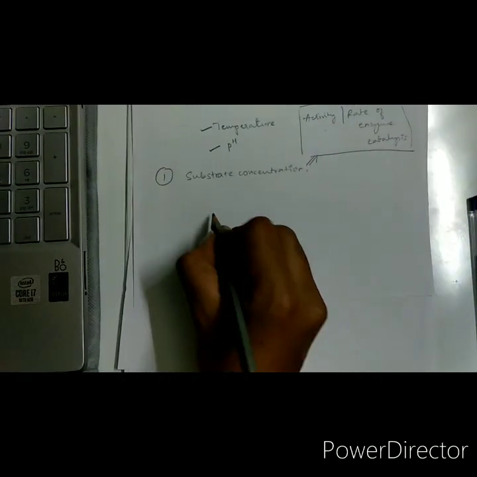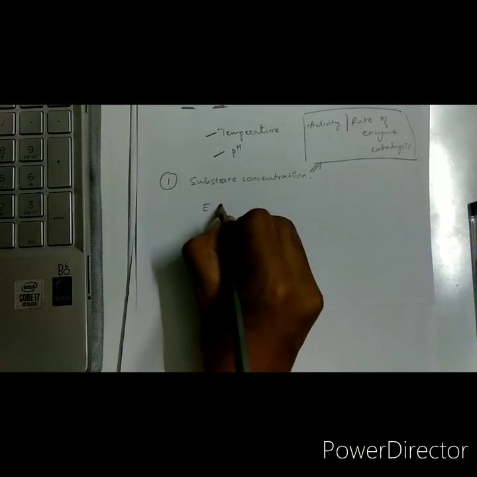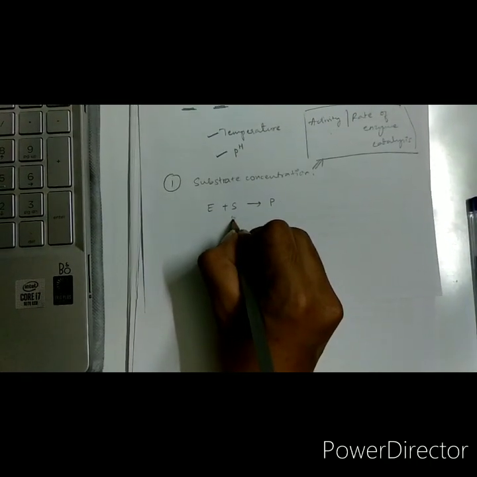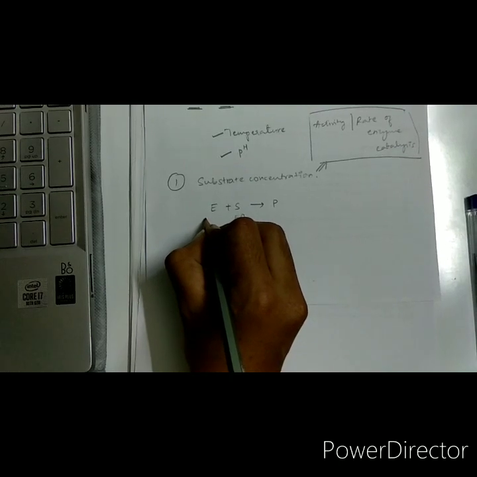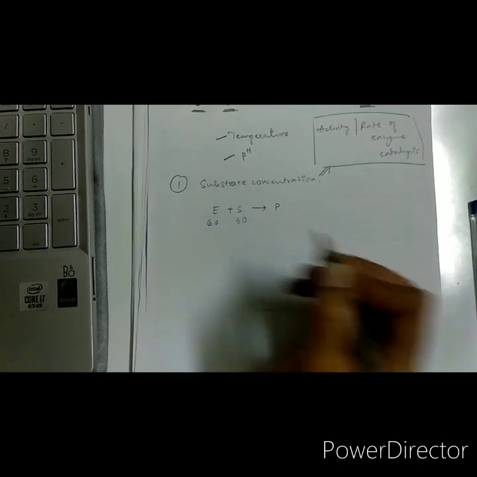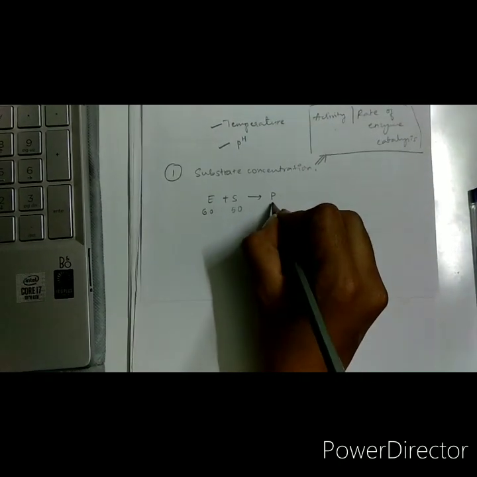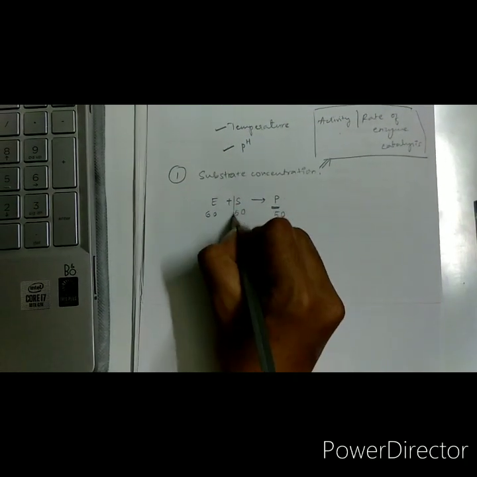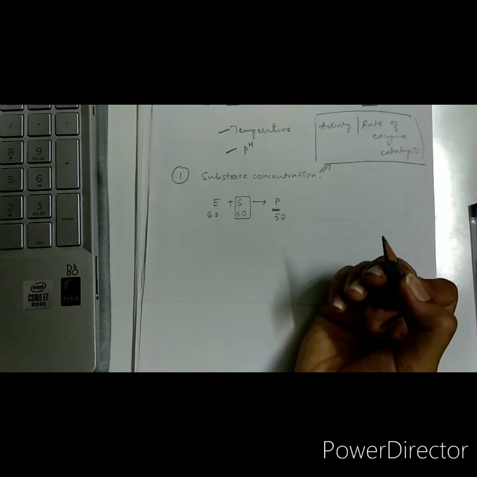If we take the example of enzyme and substrate converted into product, if there are 50 molecules of substrate and 60 molecules of enzyme, the product formed will be only 50 because the substrate concentration is only 50.